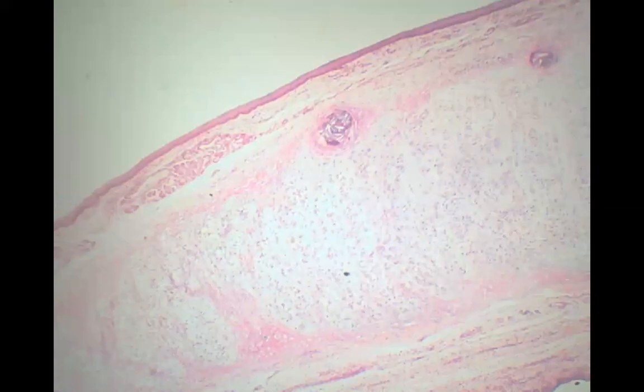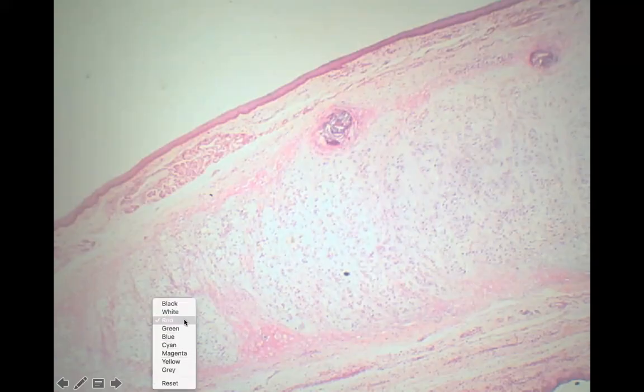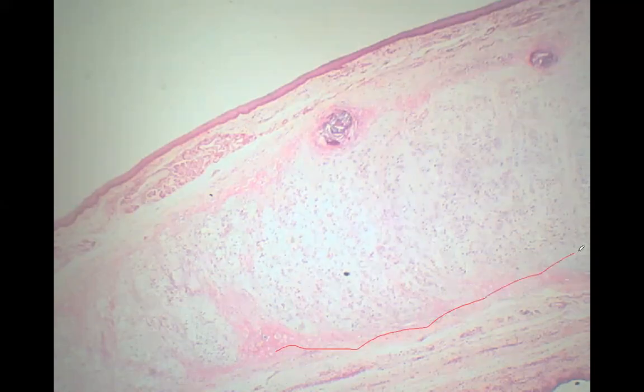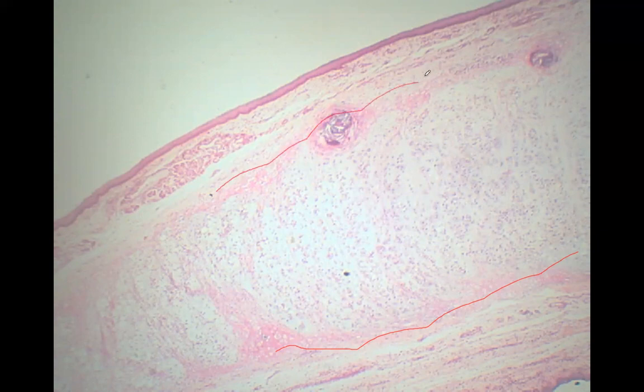This is the epiglottis in the laboratory. It is lined by stratified squamous non-keratinized epithelium. This one right here is your perichondrium. This one right here is also a layer of perichondrium, and as mentioned a while ago, it is a layer of dense irregular connective tissue.